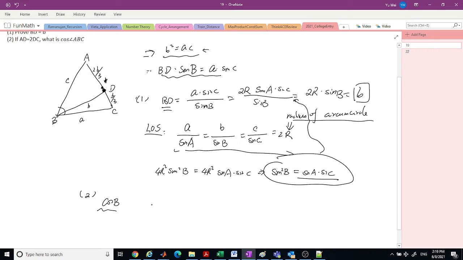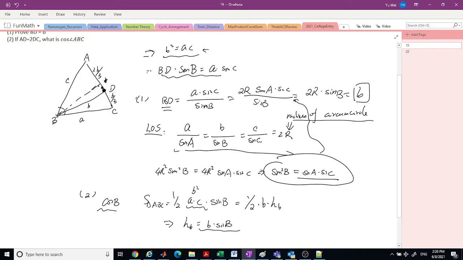Okay, so the area of triangle ABC is half of a times c times sine B, which also equals half of b times the height h_b. We know ac is b squared, so now we have h_b equal to b times sine B, since BD is b.